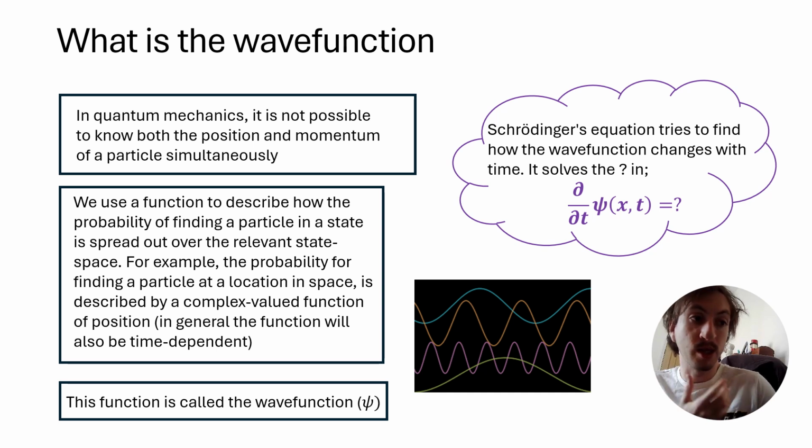Just as there are ways of discussing the behaviour of a classical system which doesn't use Newton's laws directly, but uses things like Lagrangian mechanics or Hamiltonian mechanics. But just as Newton's laws is at the heart of classical systems, Schrödinger's equation is at the heart of quantum mechanical systems.